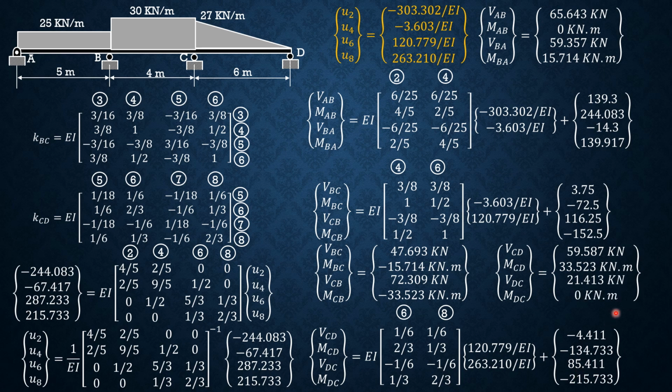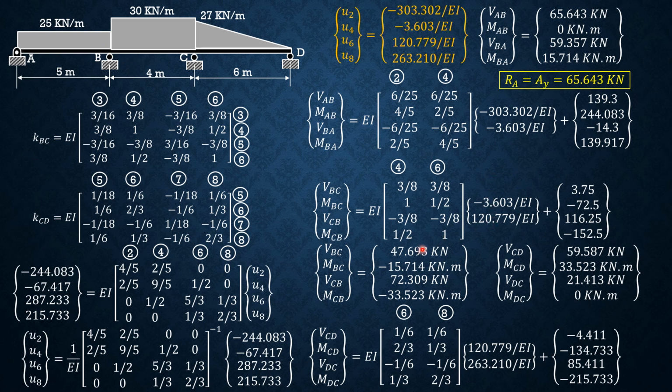So from here, we can now compute the vertical reactions. RA is equal to AY, and it is the shear in AB, which is 65.643. Then for RB, it is the shear in BA plus the shear in BC.